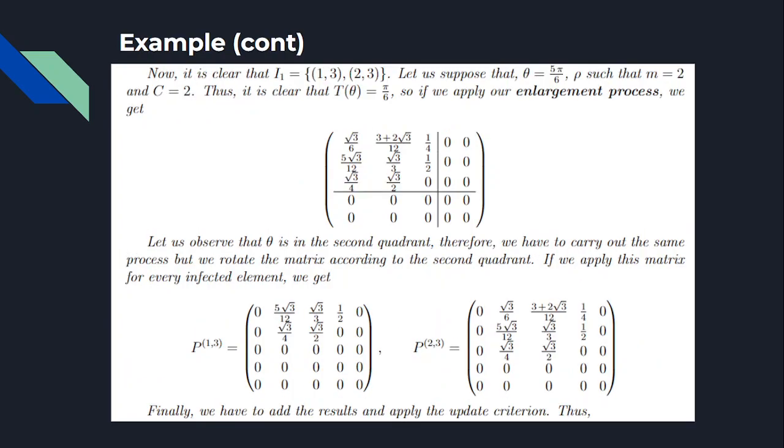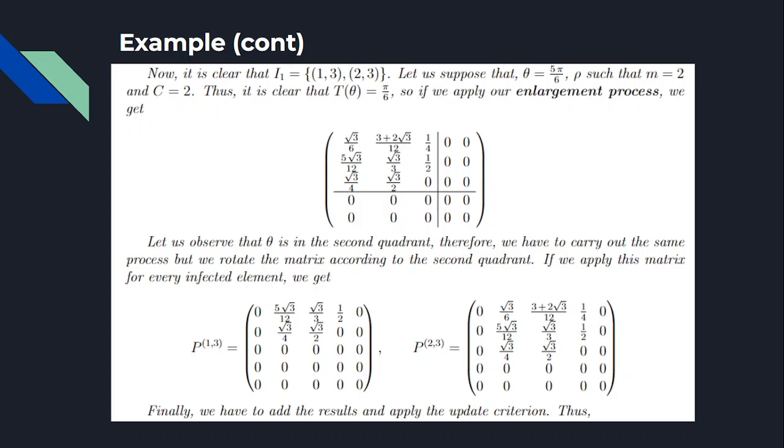If we continue this example, it's clear that we have two indexes in the set of infected elements. Therefore, we have to proceed for every single one as before. In this sense, we will get two matrices which will be added in order to obtain the neighborhood relationship for this step. Let's note that the direction of the wind is in the second quadrant, and then we are going to transport this angle to the first quadrant using its similar angle in the first quadrant.